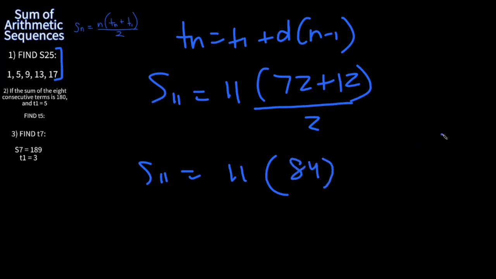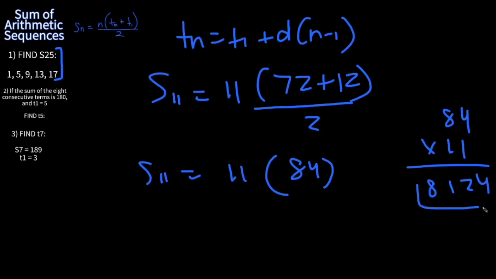I'll show you a good trick about how to times anything with 11. So 84 times 11, right? When you times by 11, you pull out the 8 here, the first one, and the 4 over here, and you add them together, and that is 12.